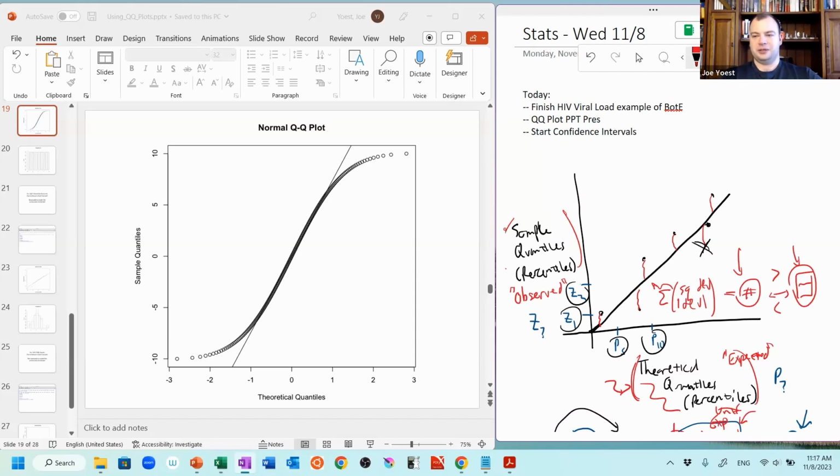So how big do I expect this number to be typically? Or maybe what do I think the 95th percentile of this number is likely to be if my data are actually normally distributed? Maybe I set that number as the cutoff, right?